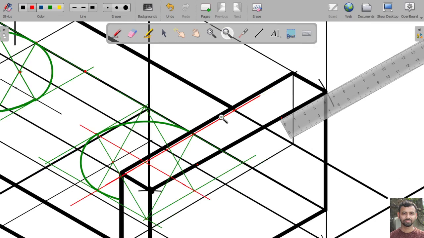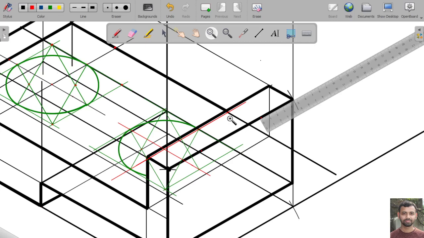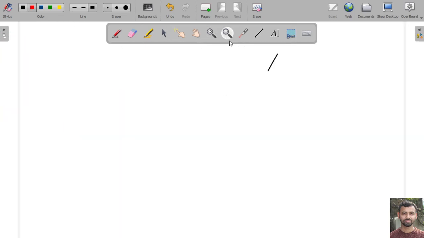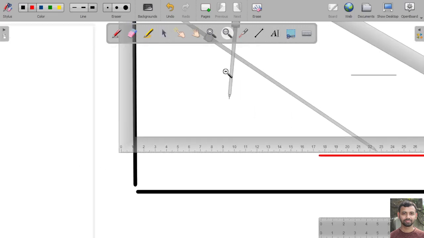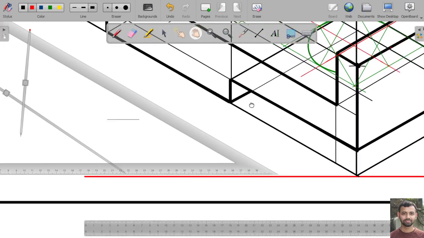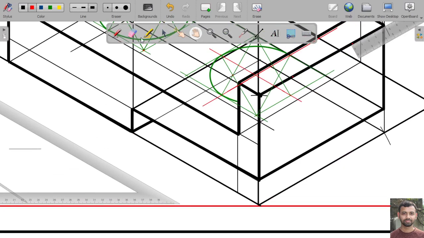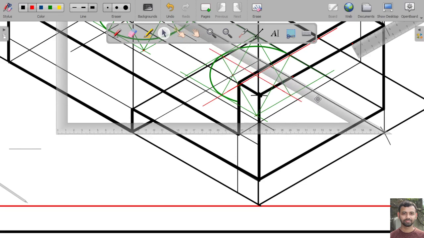Okay. Now we will draw it, and we will draw it with the help of the set square. So with the help of set square, if we draw it, it will be to this part.